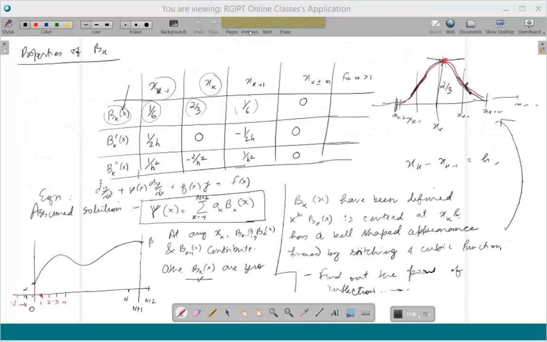If you look at this table, when xi is the same as k, then it is this value, and otherwise if it's one ahead and one before, it has these values, and for all other cases it's 0.